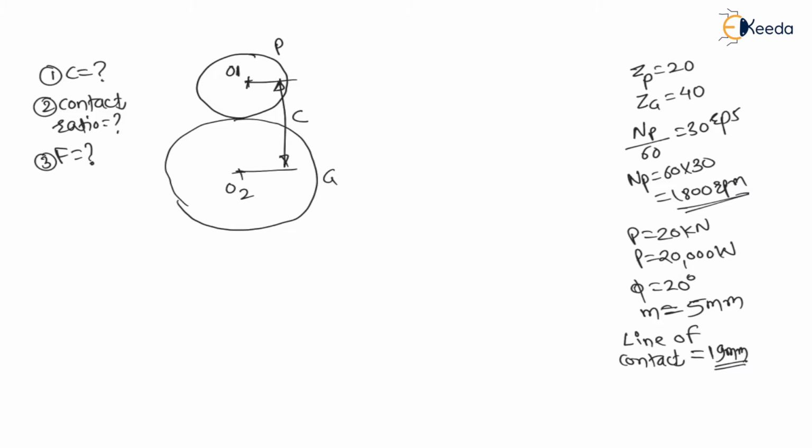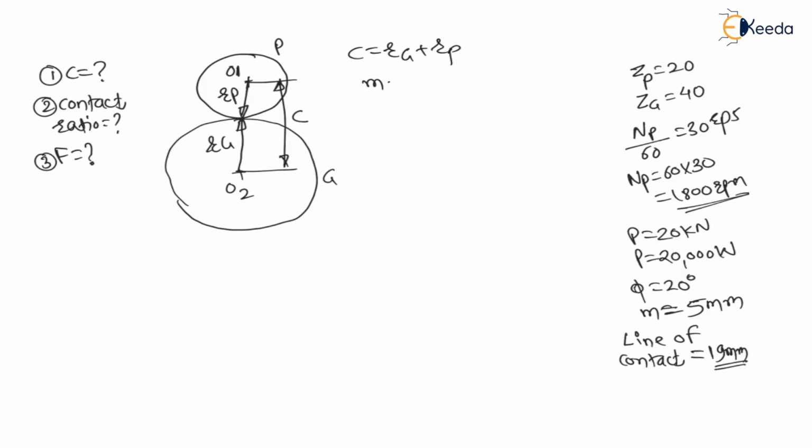Now here you can find this distance will be the radius of pinion and this distance is the radius of gear, right? Means I can say center distance is radius of gear plus radius of pinion. So first of all we have to find the radius of gear and radius of pinion, and we have the formula for module, that is, see, for mating gears module is always the same.